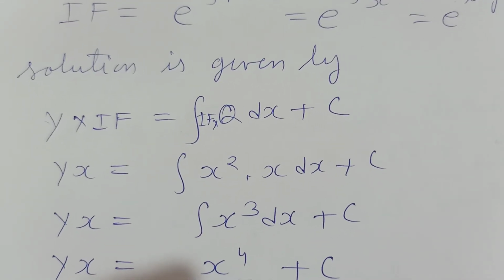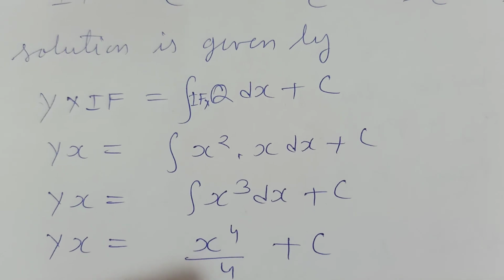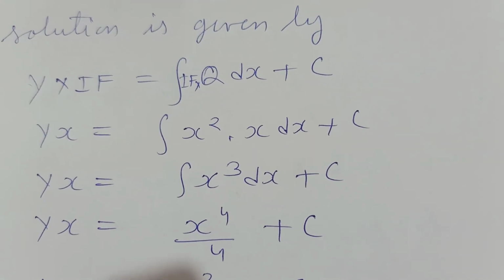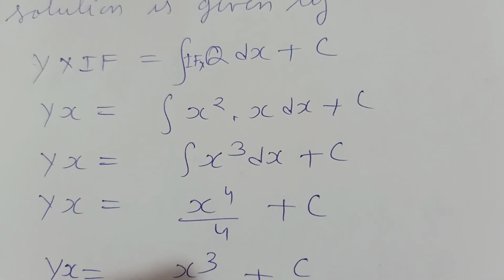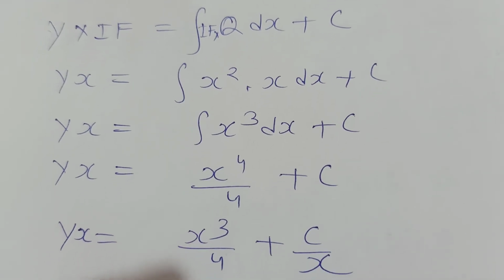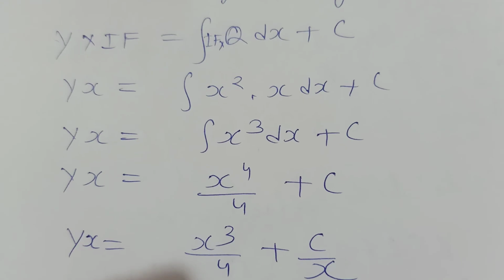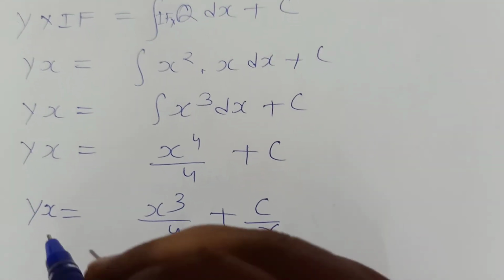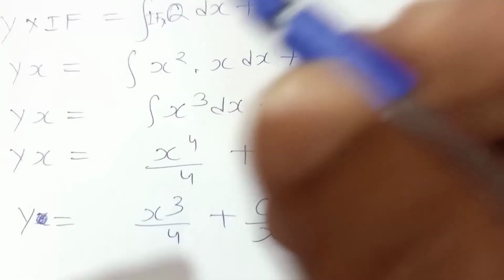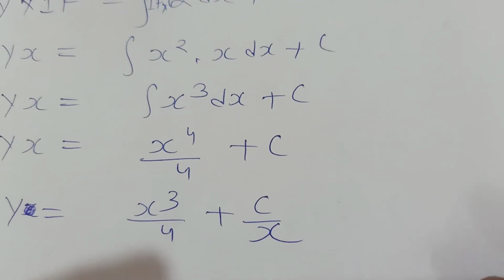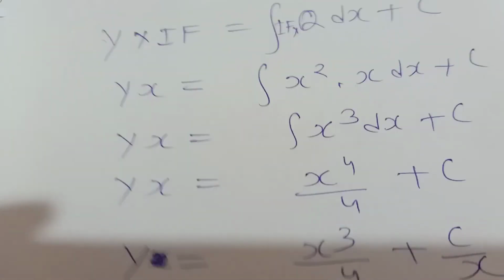That means y into x equal to the integral of x square into x dx, that is yx equal to the integral of x cube dx plus c, that is yx equal to x raised to 4 by 4 plus c. So y equal to x cube by 4 plus c by x.